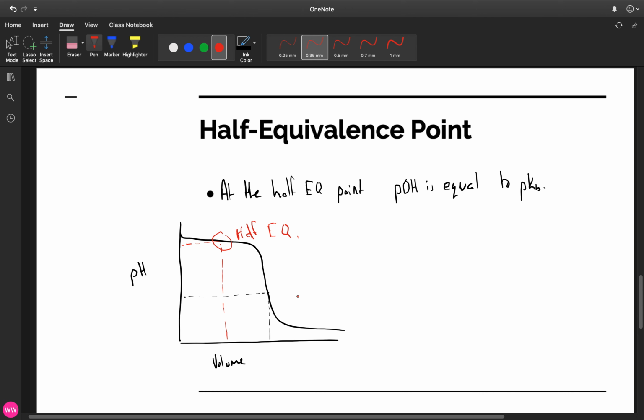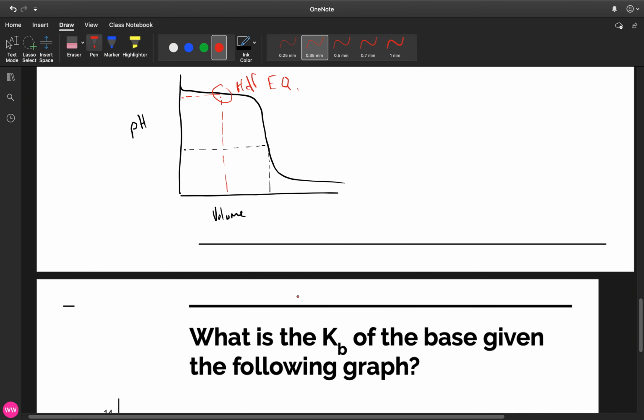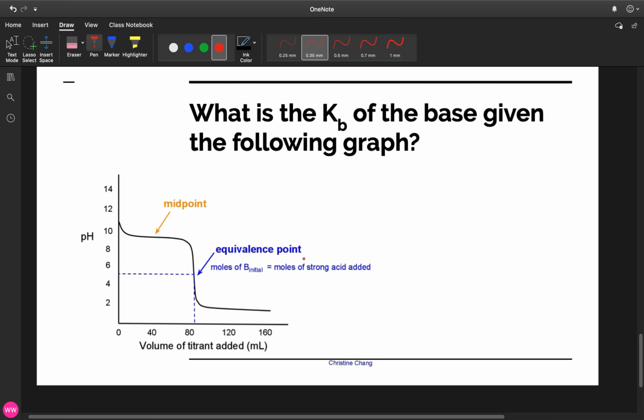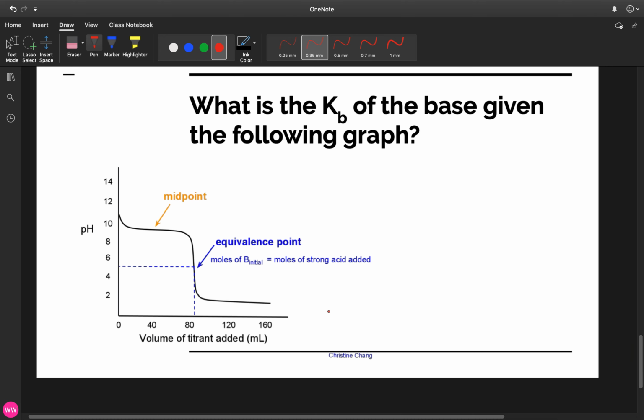So in order to practice, we have a quick little question down below, and it says, what is the Kb of the base given the following titration information? We see here that the equivalence point is where we add roughly 82 or 85 milliliters of acid, and it points out that the half equivalence point is roughly right here.